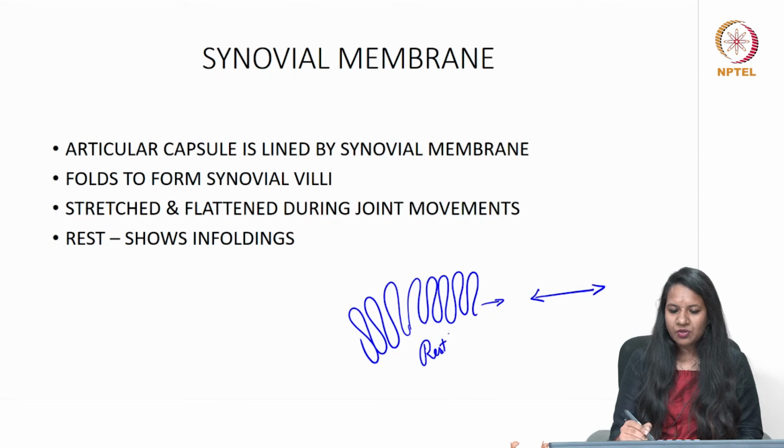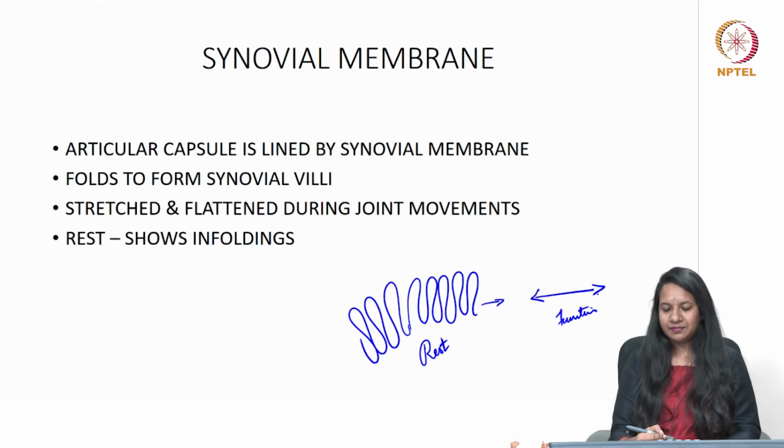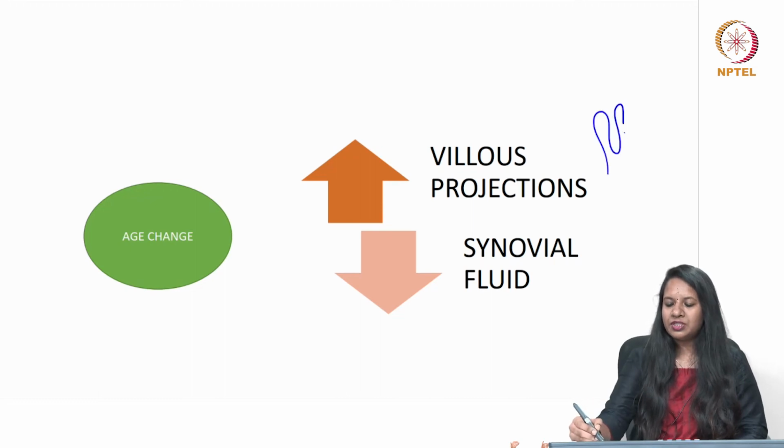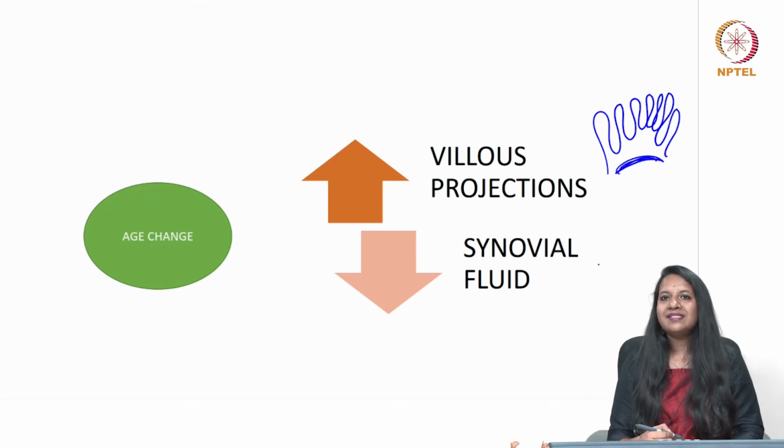So, the appearance of the synovial membrane at rest is with infolding, and during function it is stretched and becomes flattened. With advancing age, these villous projections will increase with a thickened basement membrane, and a decrease in the synovial fluid is noted.